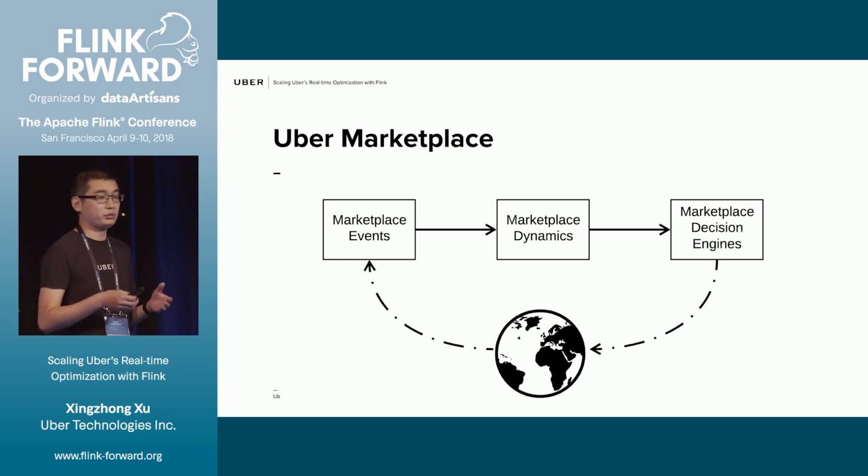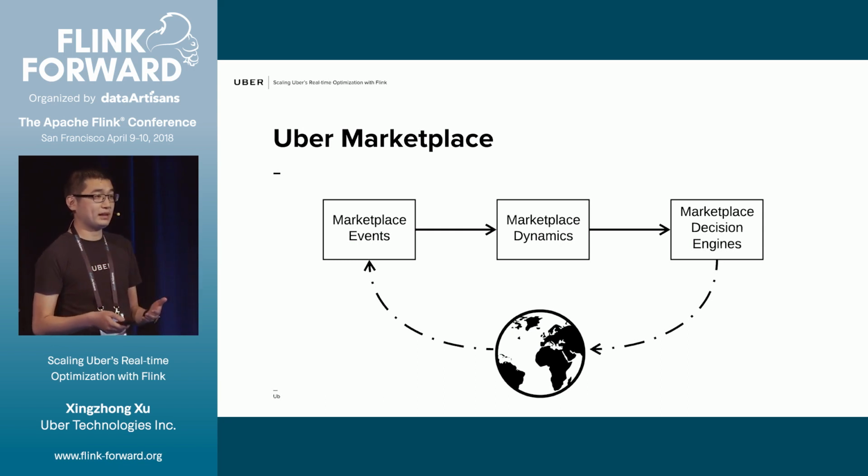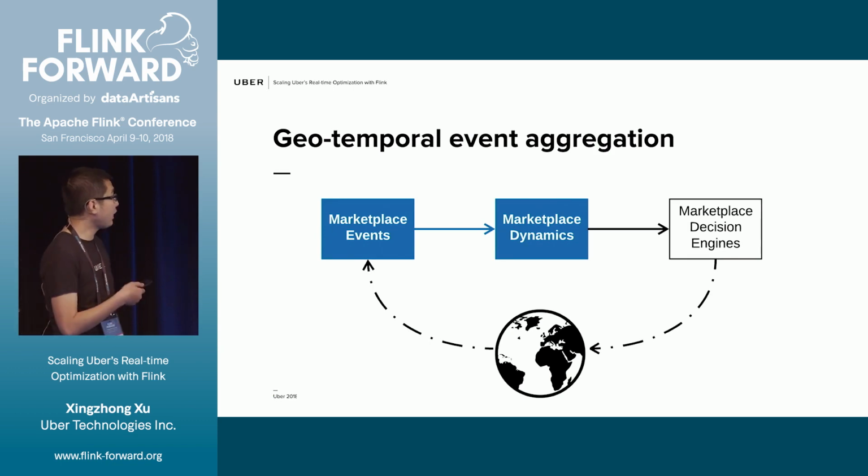Once we get dynamics, we apply them along with our machine learning models and statistical models to make final decisions. Those decisions are applied to the physical world again. Then we observe whether this decision actually makes sense or not. So the whole idea of this marketplace is very interesting. We act and we observe. The first part I want to introduce today is how we get those marketplace dynamics from the marketplace events.